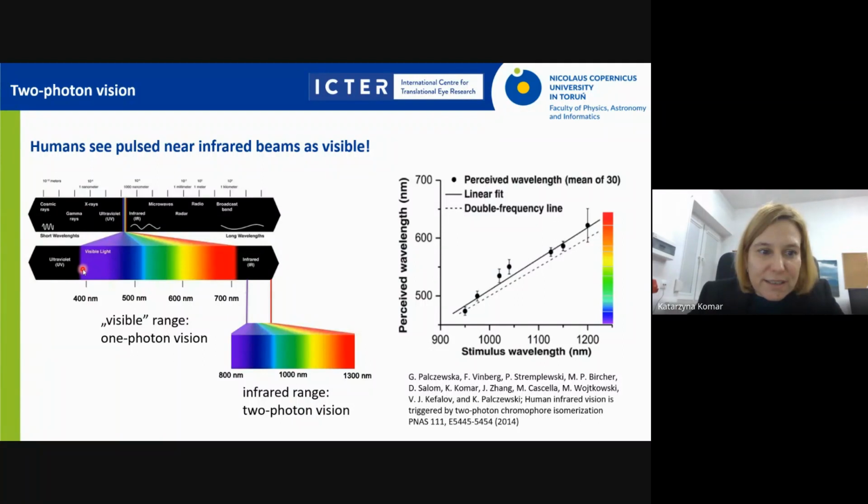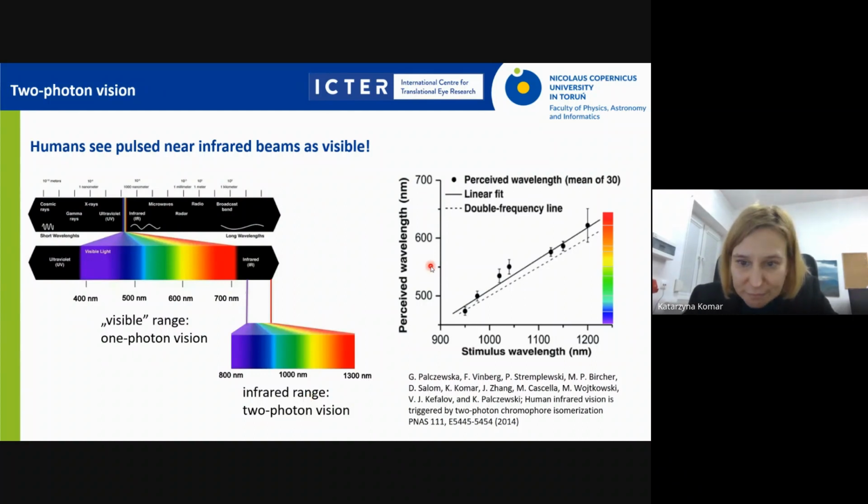You can see here that this is another range of the visible range of electromagnetic radiation, from 800 to 1300 nanometers. It is the second place where the whole perceived rainbow of colors is present, and this is the range where two-photon vision occurs.